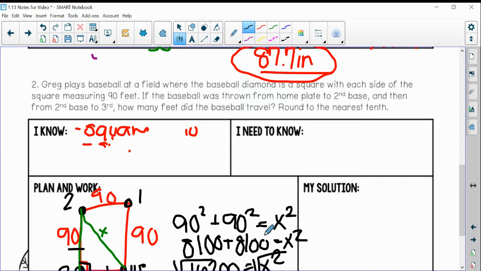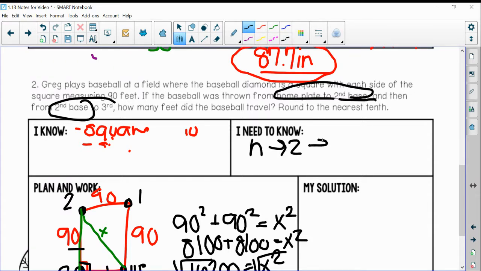But what it asked me to know was second base to third and home to second. So what I need to know is home to second and second to third, the distance.